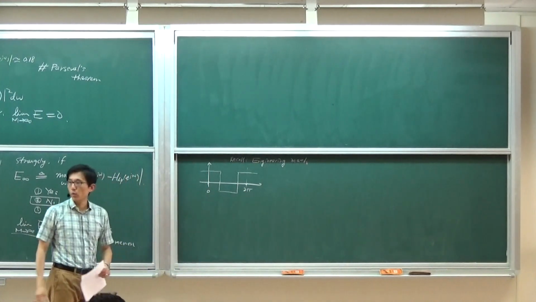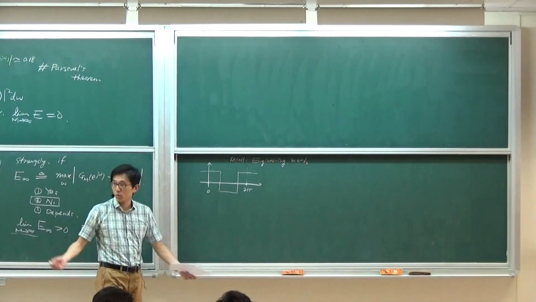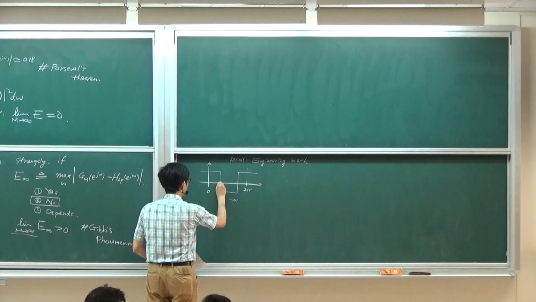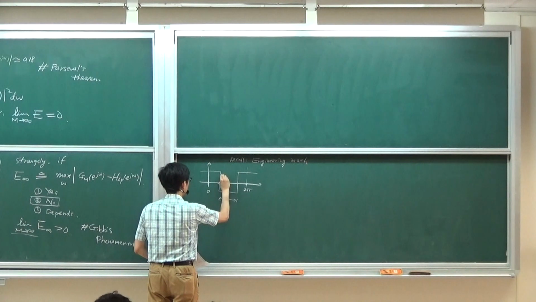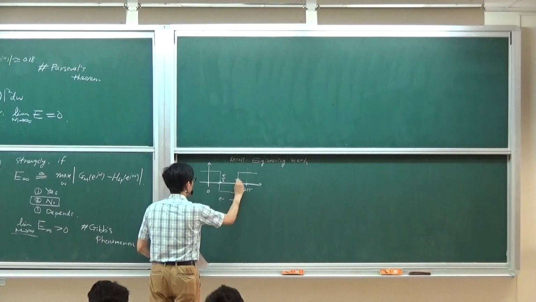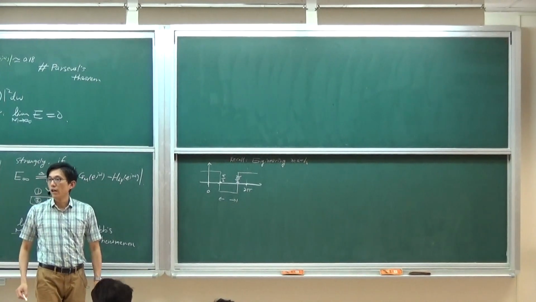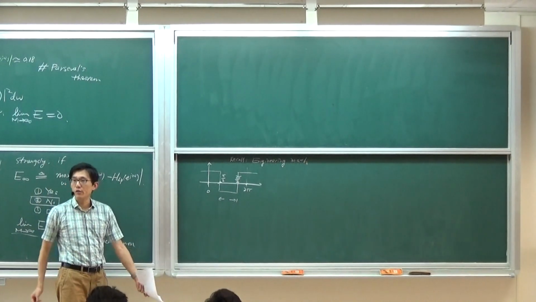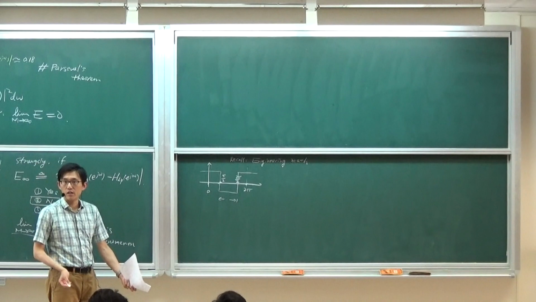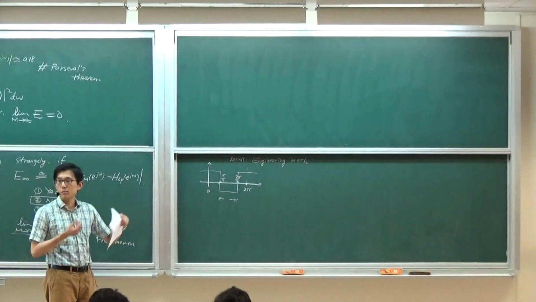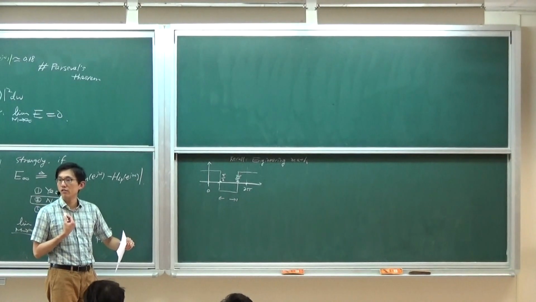We have a square wave of some sort, 50% duty cycle. And we know that by Fourier series expansion, we all learned that, right? This is a periodic function, so it can be expressed as a sum of cosine and sine, right?